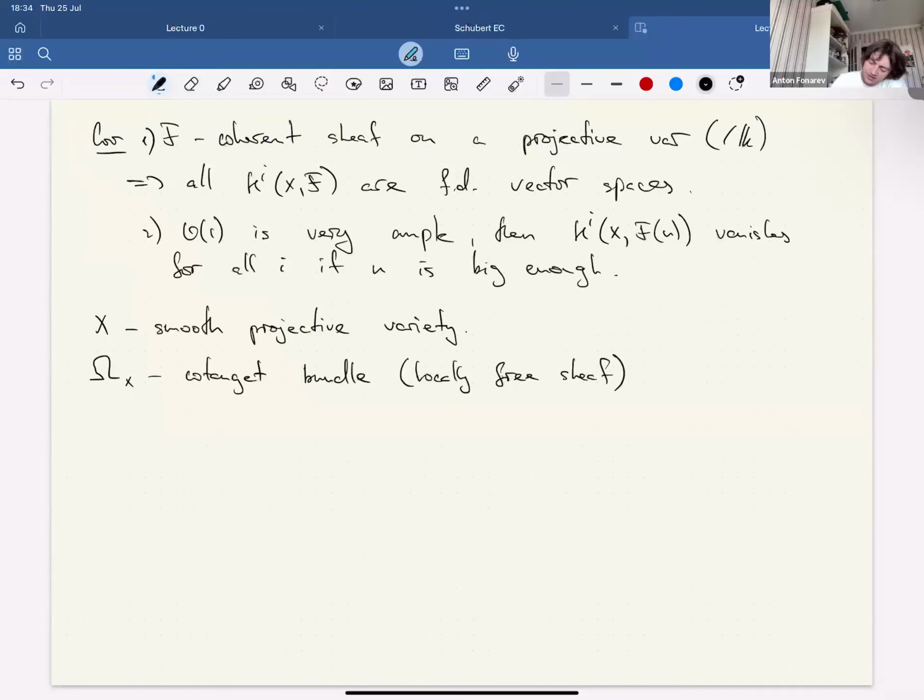And if X is of dimension d, then we have the determinant, the dth wedge power of omega X. So this is called the canonical bundle, and it's actually a line bundle.